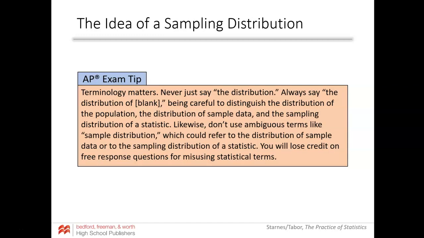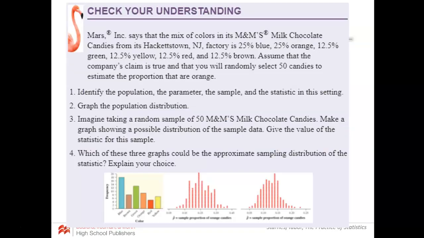Likewise, don't use ambiguous terms like sample distribution, which could refer to a single sample's data or the distribution of all of the statistics. So we have to be careful as to which one we're referring to, and you will lose credit if you're ambiguous, or even worse if you misuse a term. We'll see some examples of free response coming up from this unit, where we can show you exactly what they're looking for.